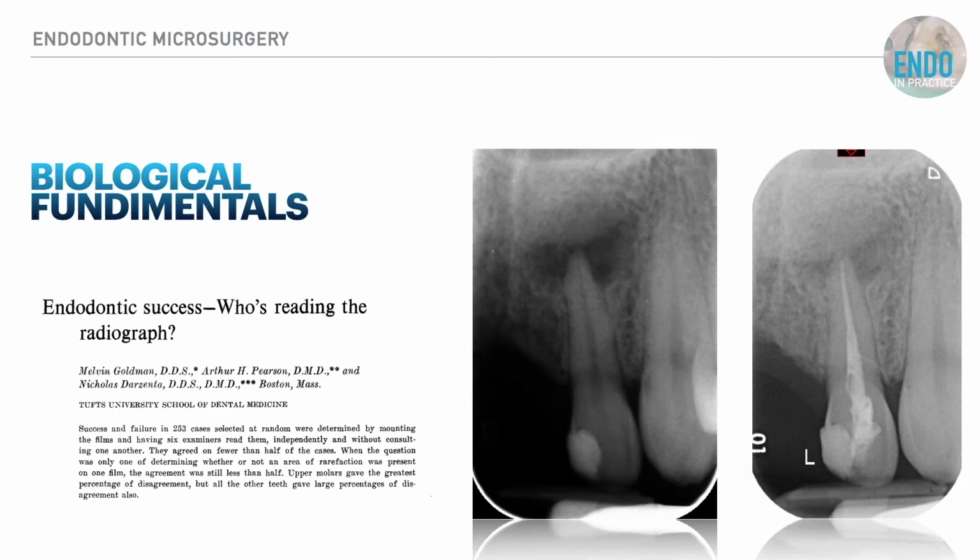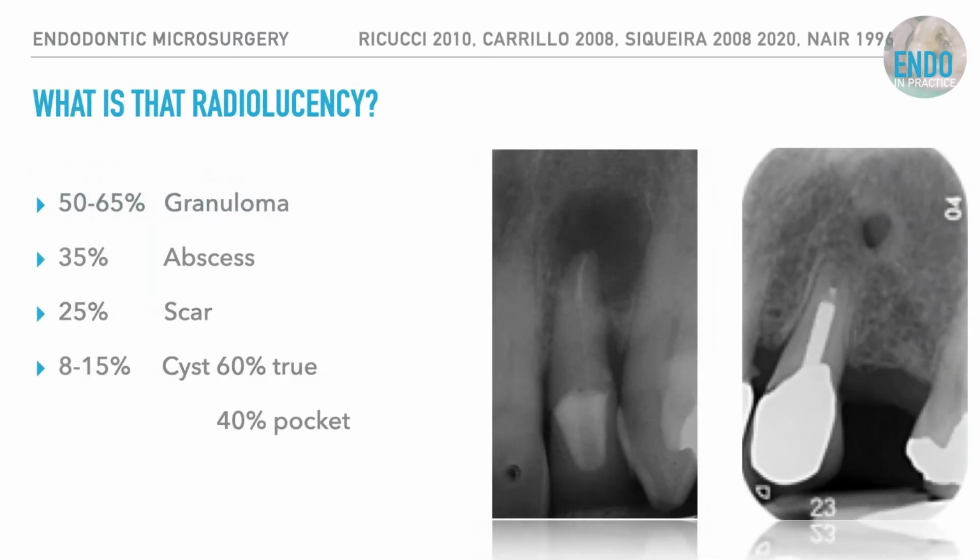The radiograph doesn't give you any definitive indication about what that radiolucency is. We all like to think that certain radiolucencies that look certain ways would suggest, for example, a cyst, but the only way to confirm what that periapical radiolucency is, is by the histopathology.